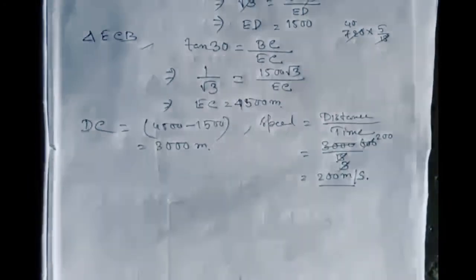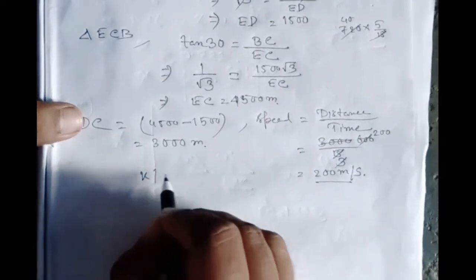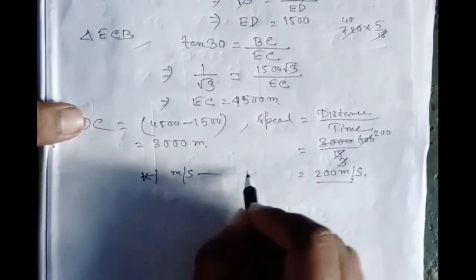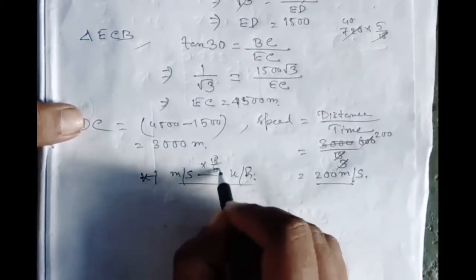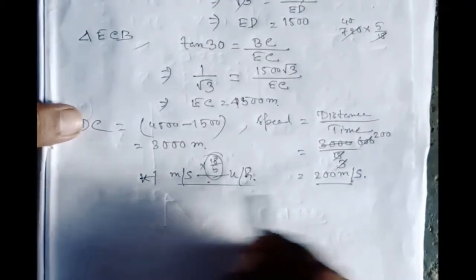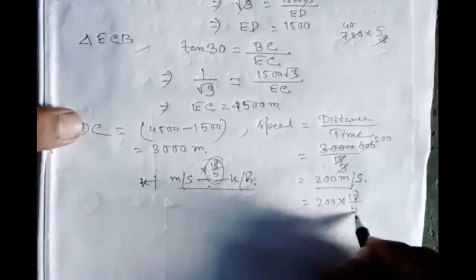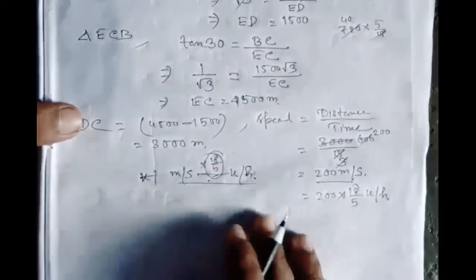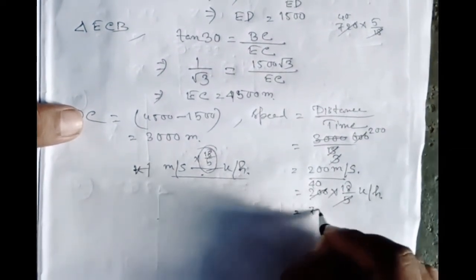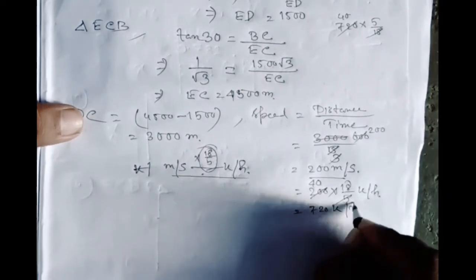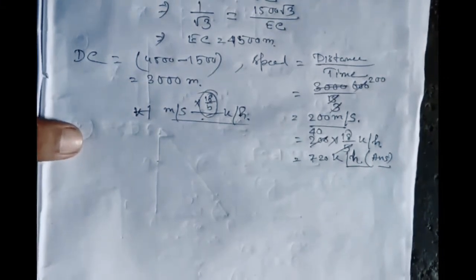As the answer is given in kilometer per hour, to convert from meter per second to kilometer per hour we have to multiply by 18 by 5. So 200 into 18 by 5 kilometer per hour, that means 720 kilometer per hour. So that will be the answer. Okay, next move to another question.